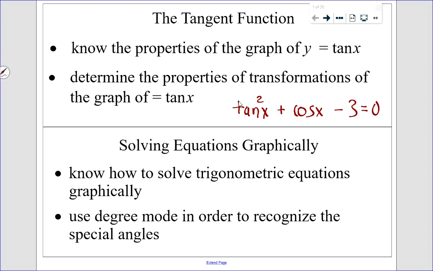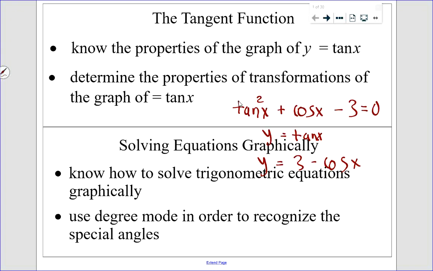And I might say to you, what are two different graphs that you could graph so that the points of intersection show the solutions? Well, you could just graph this as a function and look at x-intercepts, or if you wanted to, you could graph y equals tan of x, and you could graph y equals 3 minus cos of x, and look at the intersection points.